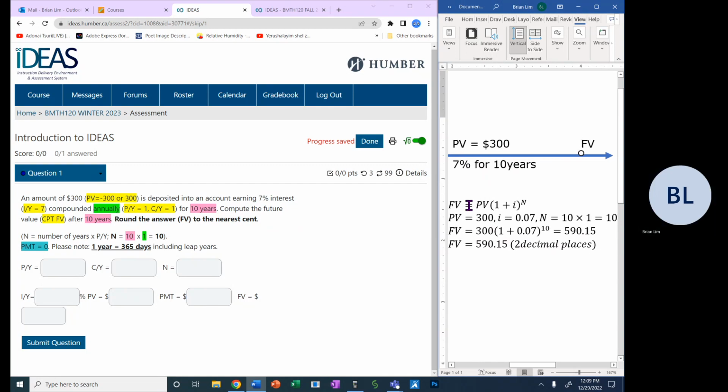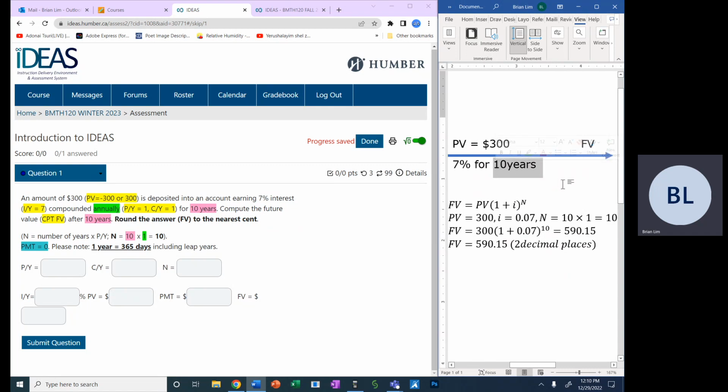FV stands for future value and PV stands for present value. Present value in this case is $300. For the interest rate, we do not put the 7%, but the decimal equivalent, which is 7 divided by 100, giving us 0.07. Now, n is the number of compoundings over the period of 10 years.